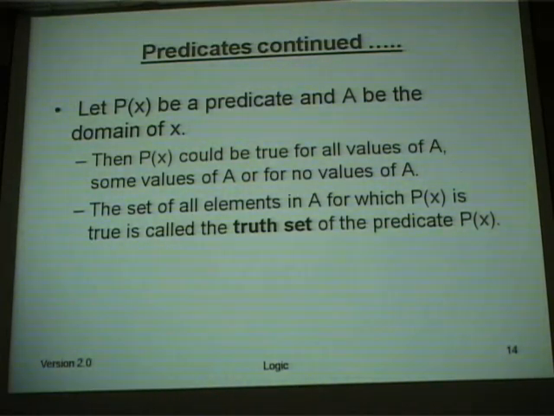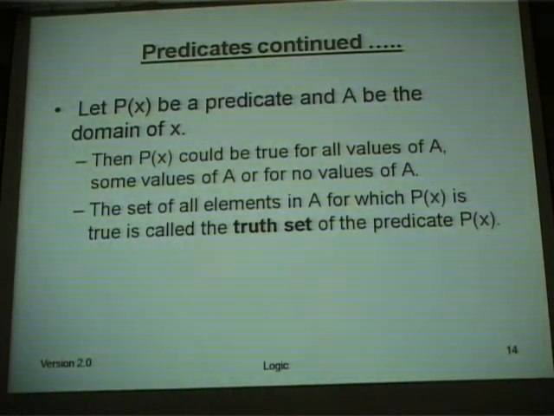Now look at another way of converting the predicate to a proposition. When you can determine the truth value of a predicate, then that becomes a proposition. If you can't determine the truth value of the predicate, it's not a proposition. The only thing missing is that you can't determine the truth value.